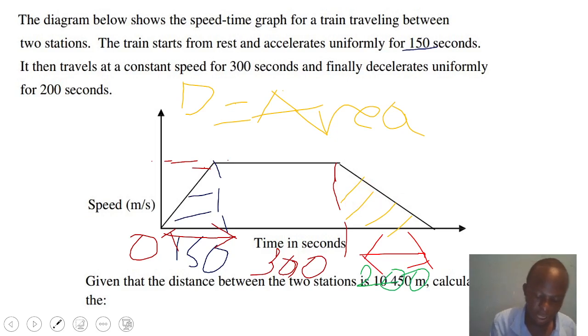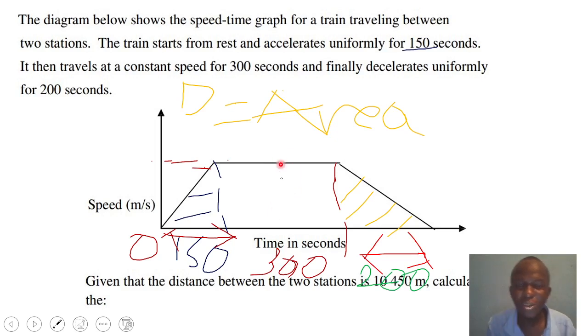But remember that from here to here it is the velocity, and this is the maximum speed that we have not been provided. So we have to note that even before we go to the question.